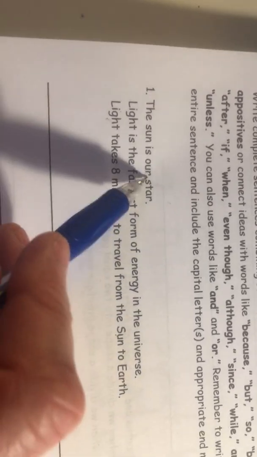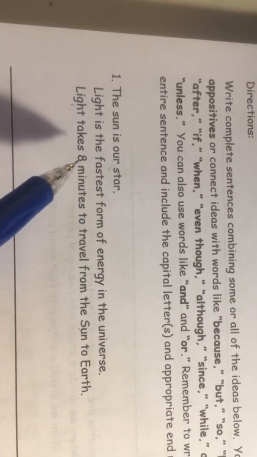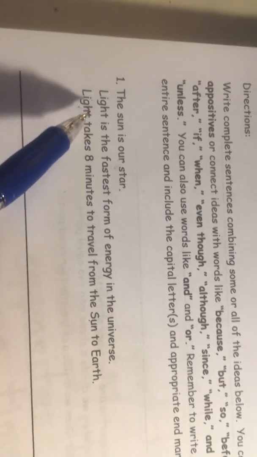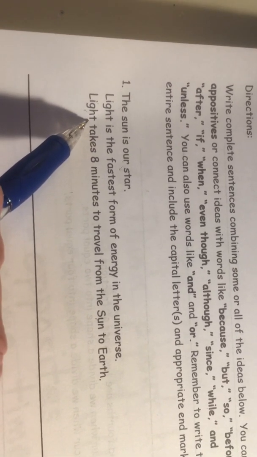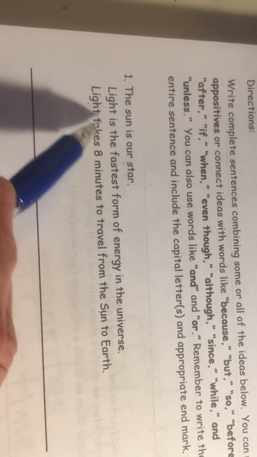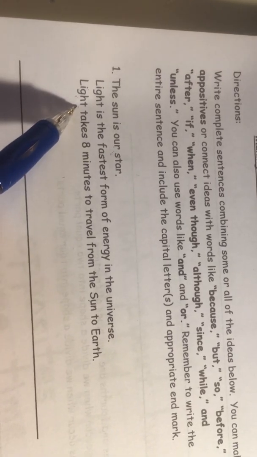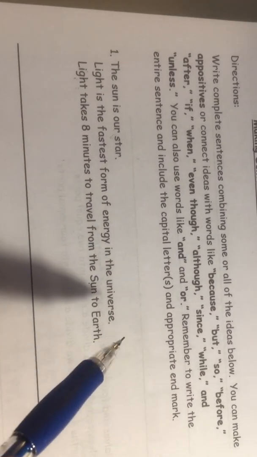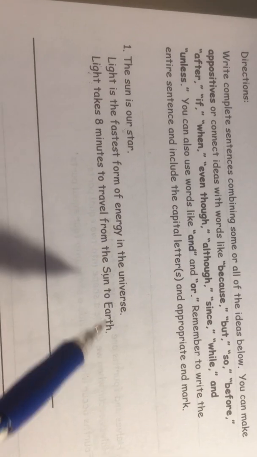So it's like this tells what the sun is. And what do we do when we have a sentence that tells what something is? We use an appositive. So you could say light, and this sentence tells what light is. You could have two appositives. You could say light, comma, the fastest form of energy in the universe, comma, takes 8 minutes to travel from the sun, comma, our star, comma, to Earth.